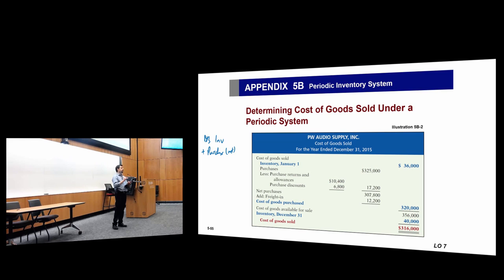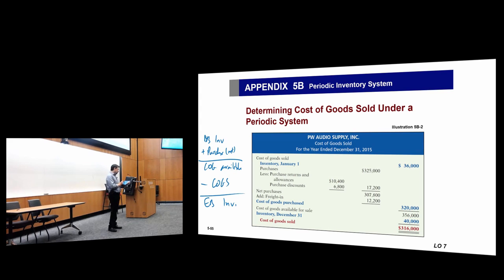By net we mean after subtracting any returns and allowances, etc., right? And that will give you the cost of goods available for sale, right? Available. Subtract cost of goods sold, it will give you ending balance of inventory.